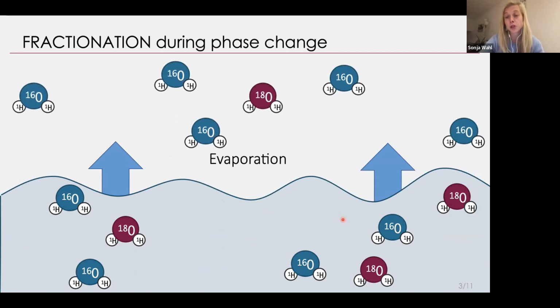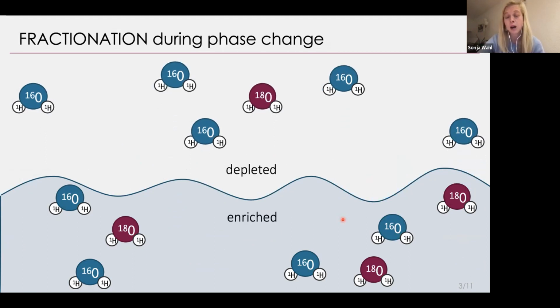So after the evaporation process, our liquid water is enriched in heavy water molecules, and the gas phase is relatively depleted in heavy water molecules. This is called isotopic fractionation, and this is also temperature dependent, which is the basis for why we can use stable water isotope ratios as a temperature proxy.